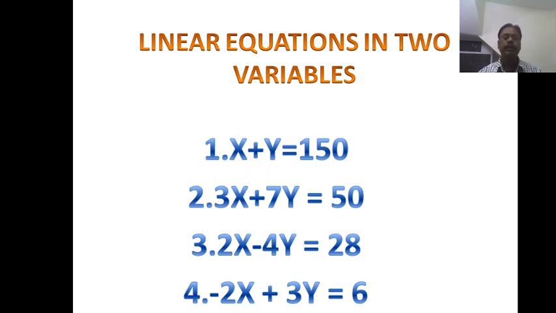So we shall say that this is the linear equation in two variables. x plus y equal to 150, 3x plus 7y equal to 50, 2x minus 4y equal to 28 and minus 2x plus 3y equal to 6. These are some examples of linear equations in two variables.